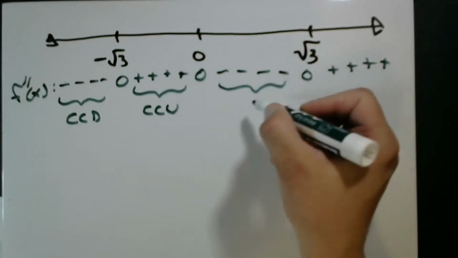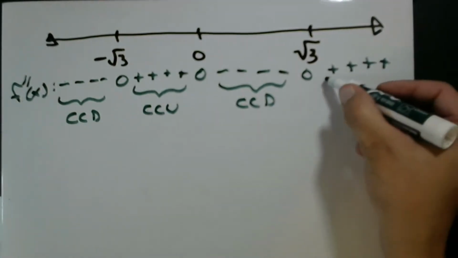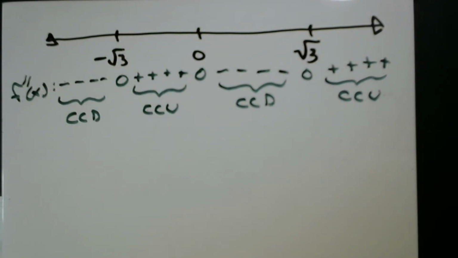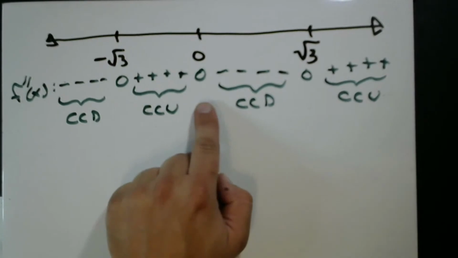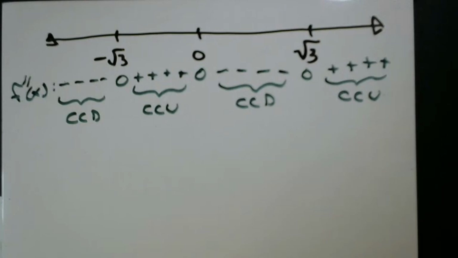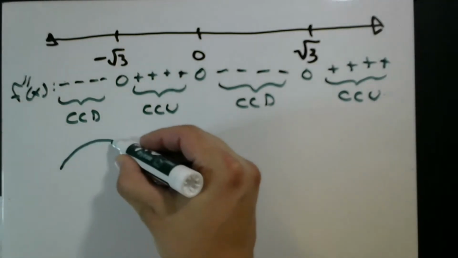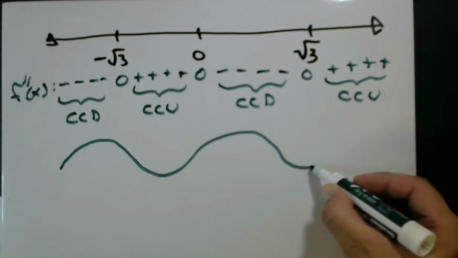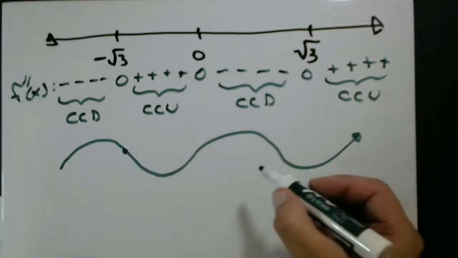And we're going to see these transitions in concavity at negative square root 3, 0, and square root 3. Now, this sort of seems to suggest we're going to see something kind of like this, but not necessarily in this manner.